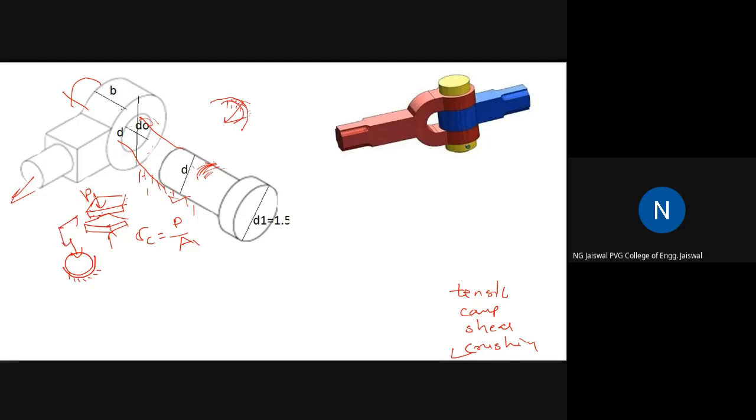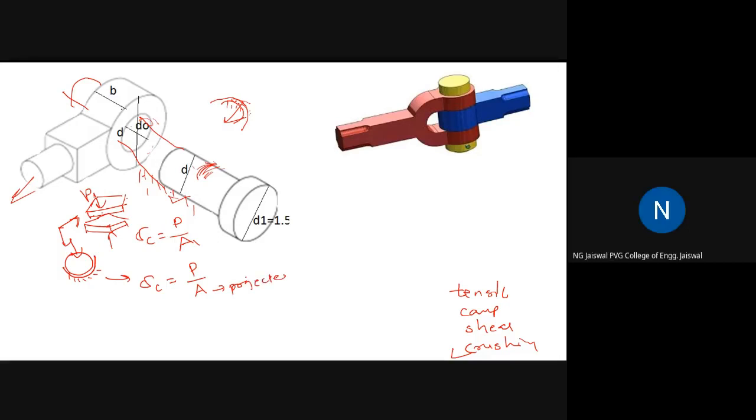Only the profile of the surface is different, but the phenomenon is the same. But if you have this profile, then sigma C is written as force upon not the total area, but the area under projection. So this is called the projected area.